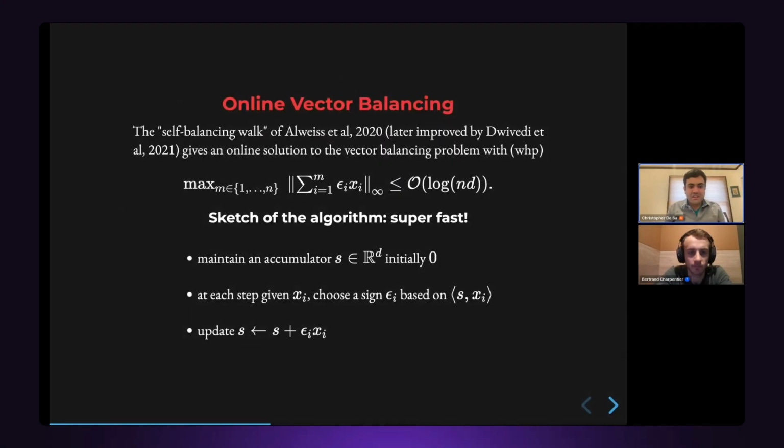It's very efficient. You just maintain an accumulator. At each step, you compute the dot product of the new vector that you get with your accumulator. There's some scalar but quite fast randomized algorithm to choose the sign based on that dot product, and then you update the vector of the accumulator based on the sign you chose.